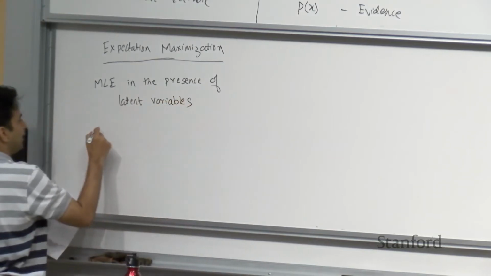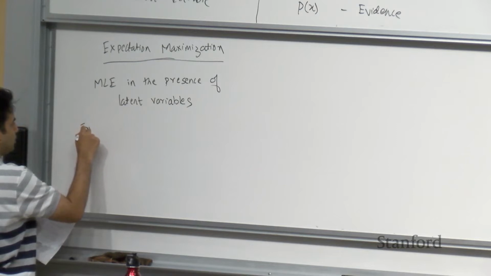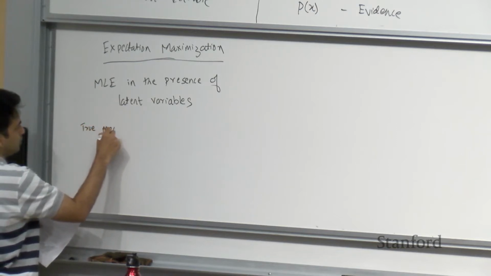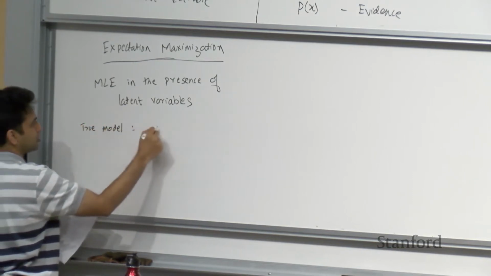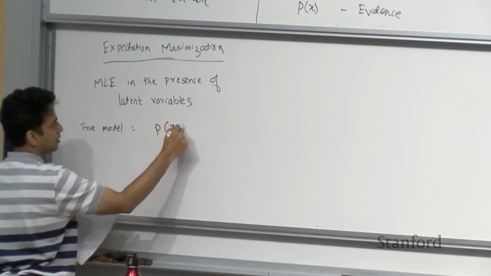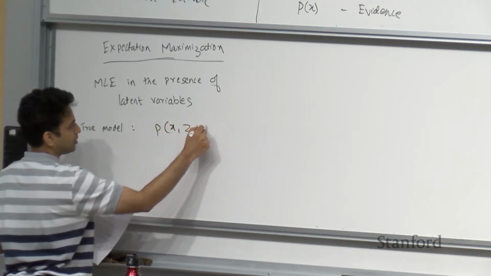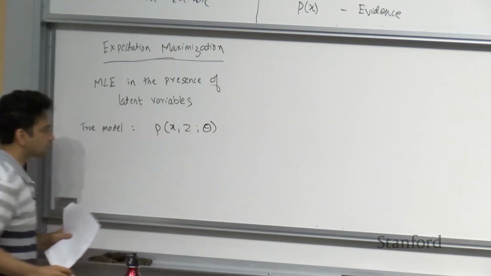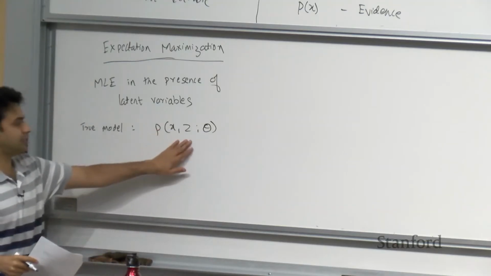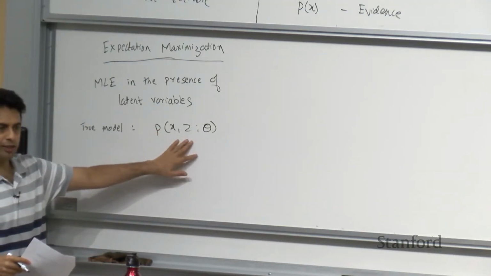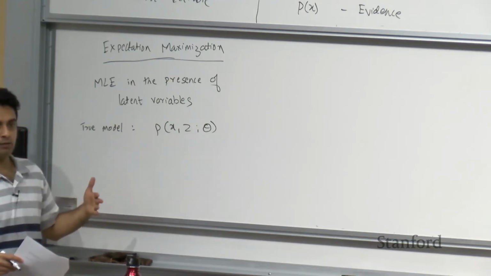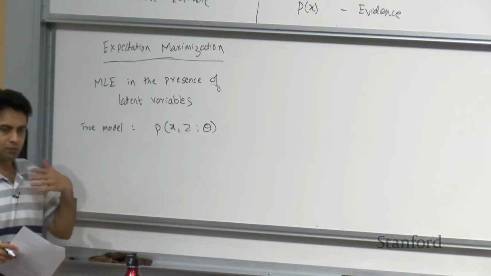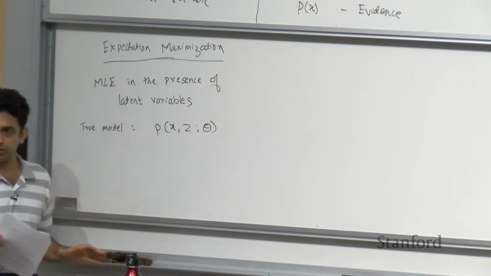Where the true model is P of x comma z with some parameters theta, if we observe x and z jointly, if everything is observed, then the problem is very simple. We perform simple maximum likelihood estimation.